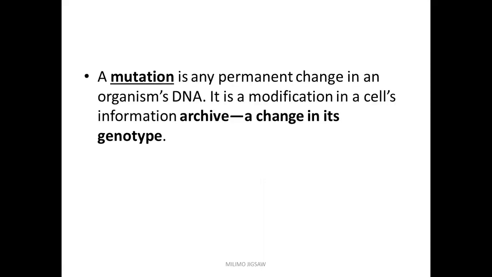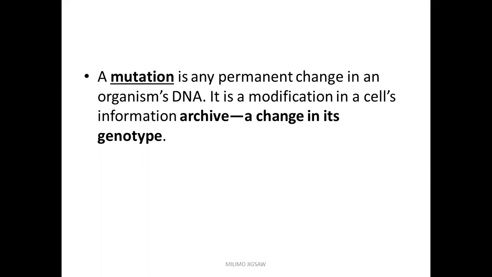So in short, a mutation is any permanent change in an organism's DNA. It is thus a modification of a cell's informative archive. It is a change in its genotype. Remember, you have the phenotype and the genotype. The genotype will determine the phenotype.